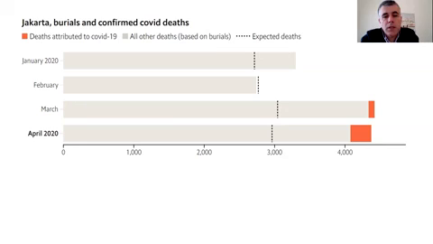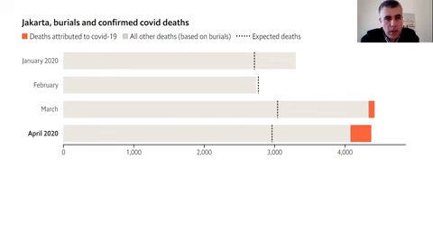But even in countries that have some data, such as Jakarta, where there's monthly information on burials, we do still see a similar pattern. So it does seem that the extent of the pandemic in low and middle income countries is probably greater than is recognised from surveillance statistics.